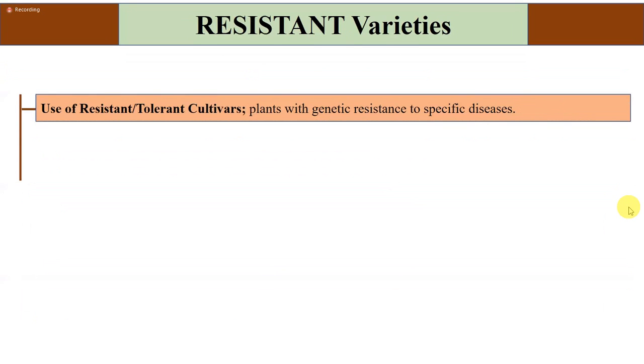And in an IDM approach, we also use resistant cultivars and resistant varieties, which play a very important role. The most prevalent disease in vegetables in the Potohar region is powdery mildew. Powdery mildew prevails in the Cucurbitaceae family, like watermelon, cucumber, and pumpkins.